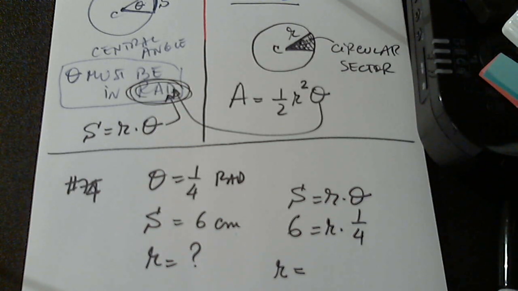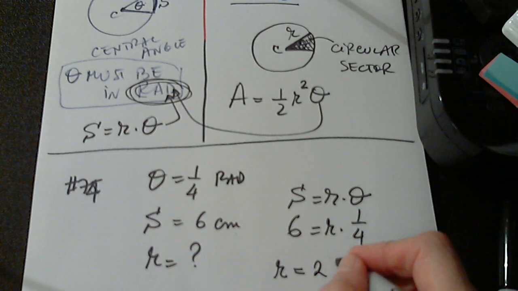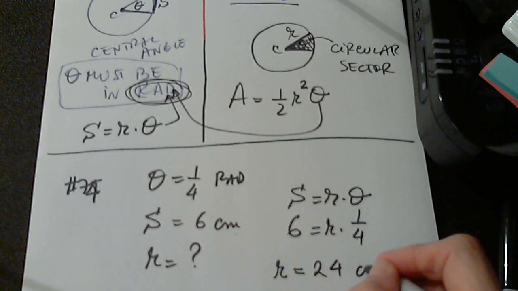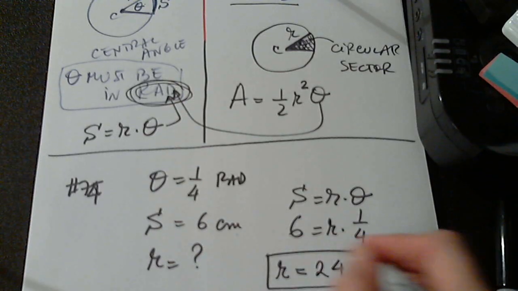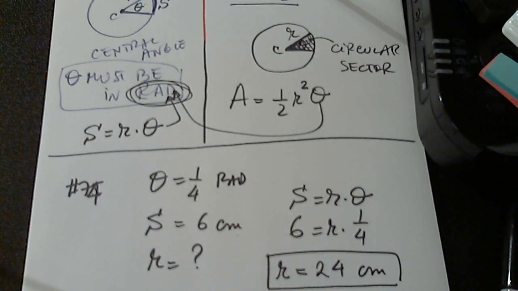I know everyone knows how to solve this equation for r. I have no doubt. Would you multiply by 4? Exactly, it's cross multiply. So this is 24 centimeters. Perfect. Any questions?